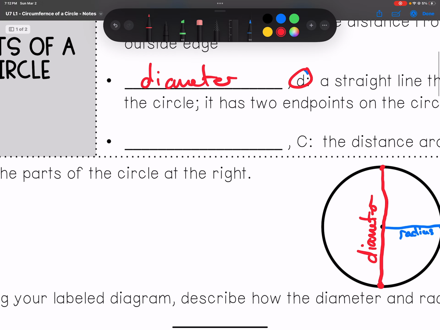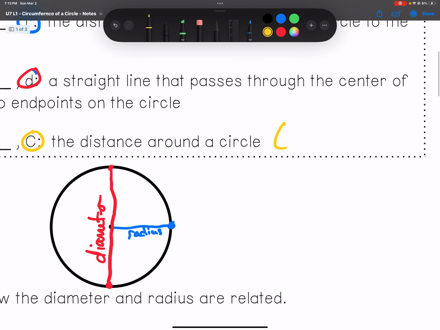All right, the next thing we need to know about is the C, is what letter we use for it, but it's called the circumference. If you don't know how to spell that, it's at the top of your paper. It is the distance around the circle. So it's basically the perimeter.